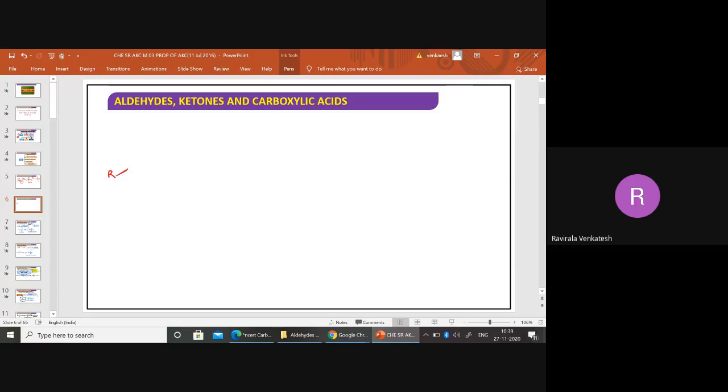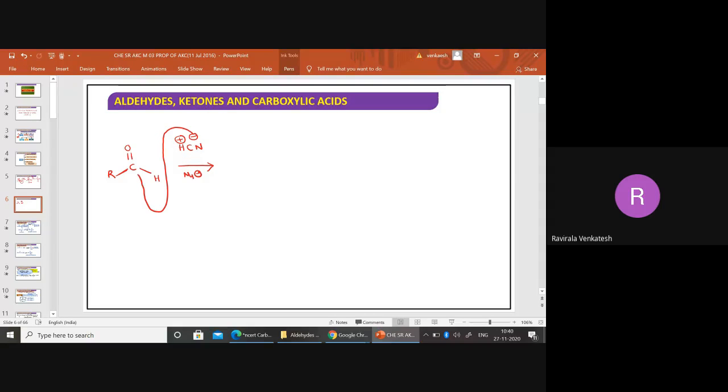R-C double bond O-H reacting with hydrogen cyanide. This is the electrophile H plus, and CN minus is the nucleophile. So in nucleophilic addition reaction, always the nucleophile attacks first, the electrophile attacks later. In electrophilic addition, first the electrophile attacks, later the nucleophile attacks. So why am I attacking with cyanide?